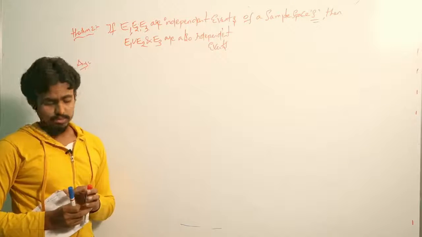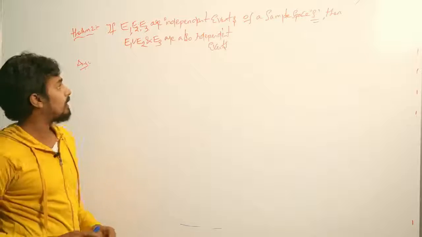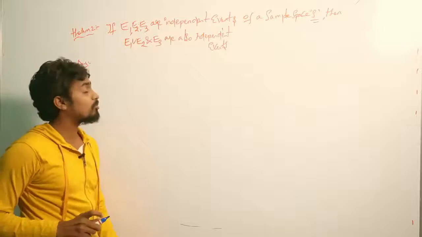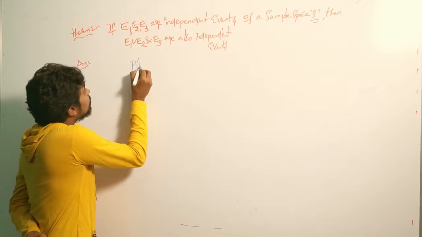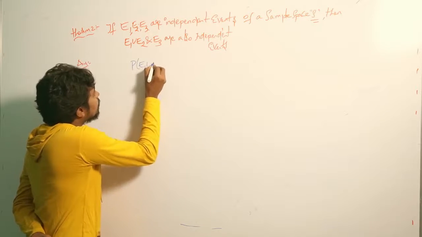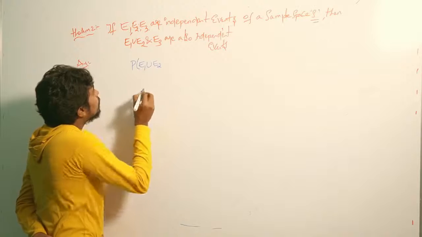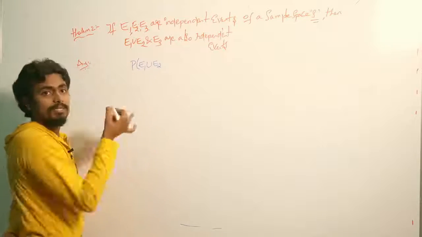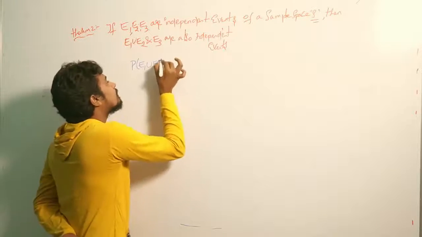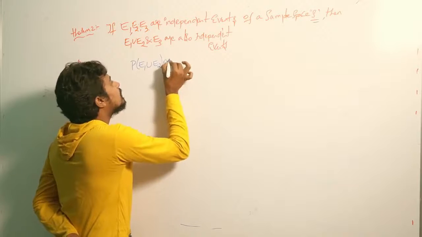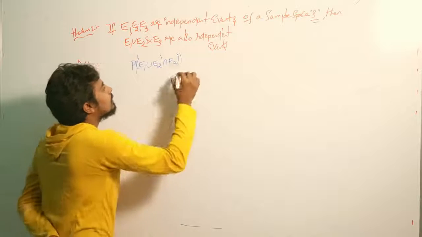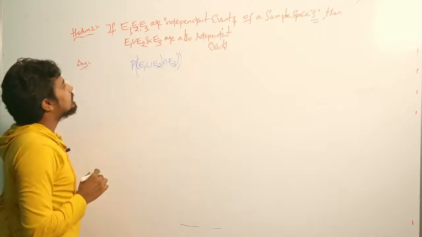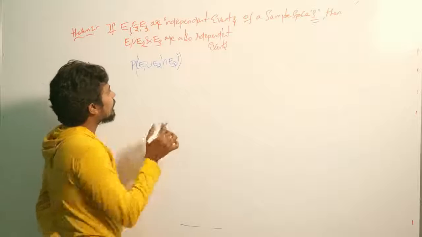If you can see this question here, if you want to apply the probability for this, what we will get? This will be the probability of E1 union E2, and means intersection, this will be the intersection E3. Let's see what will happen.